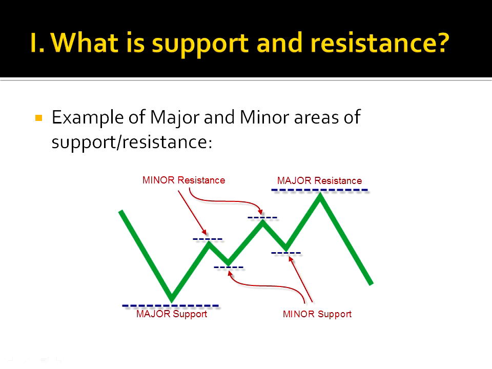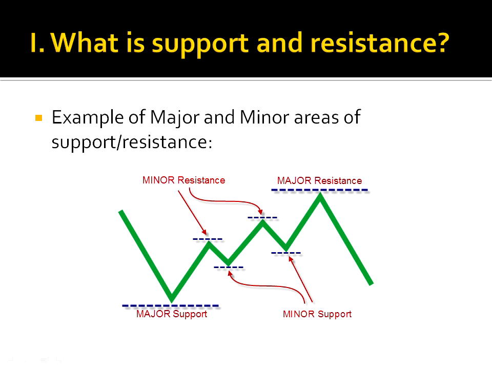Here are a couple of examples of major and minor areas of support and resistance. We're looking at the major support at the very bottom of the chart. We're looking at the major resistance at the top. We can see that price comes down and is quite aggressively rejected from this level, and it meanders its way up and then is quite aggressively rejected from that swing high.